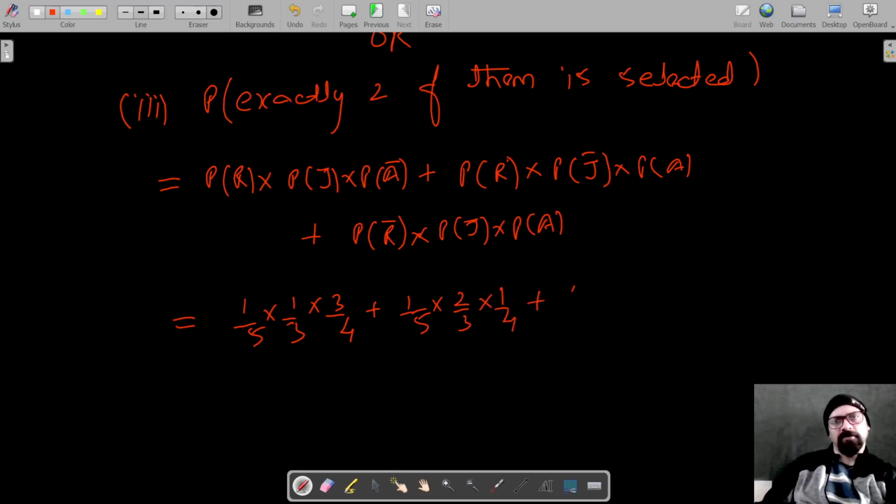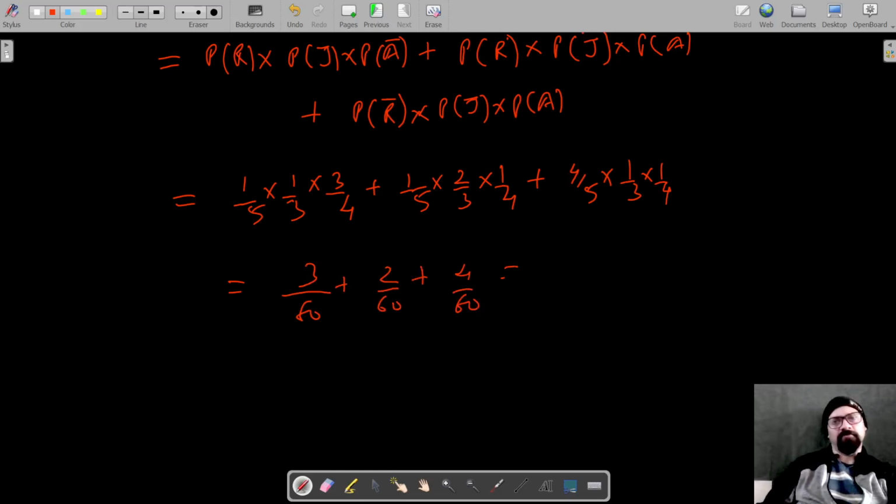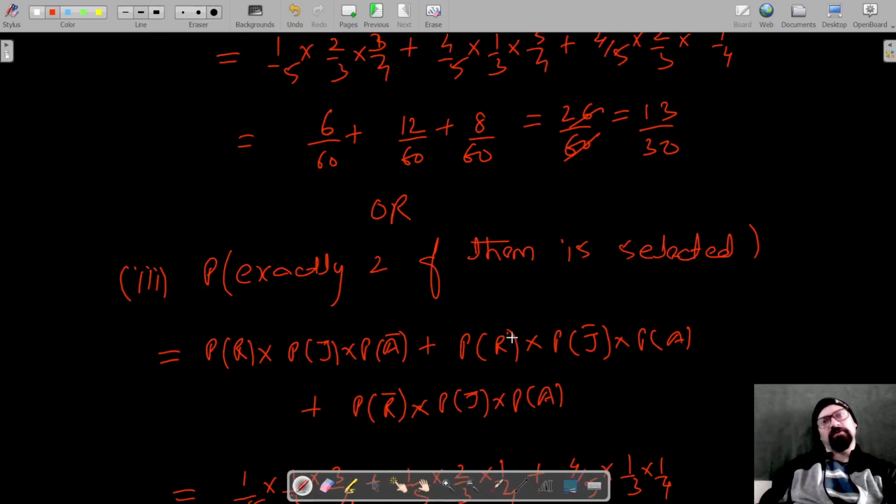Then Rohit not getting selected is 4 by 5, Jaspreet getting selected is 1 by 3, Alia getting selected is 1 by 4. This equals 3 by 60 plus 2 by 60 plus 4 by 60, which gives 9 by 60. That should be equal to 3 by 20, the probability that exactly two of them are selected.